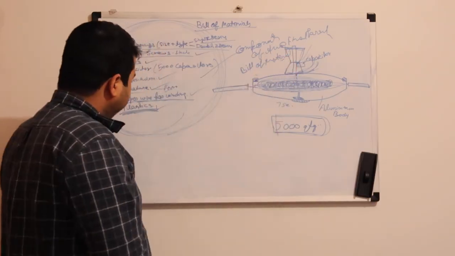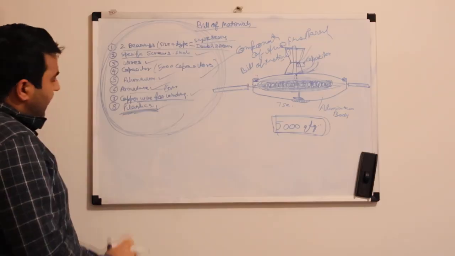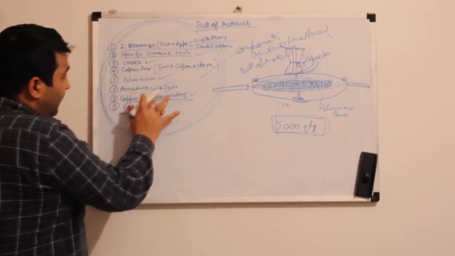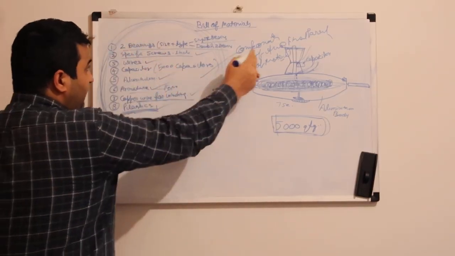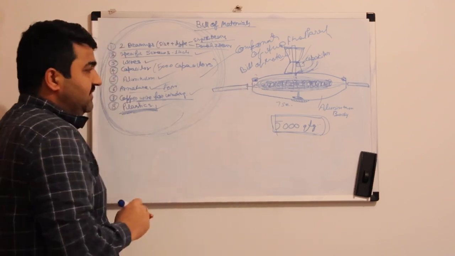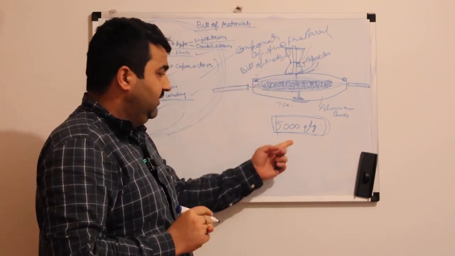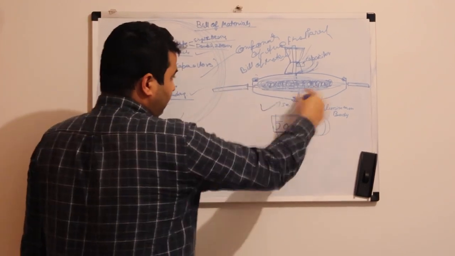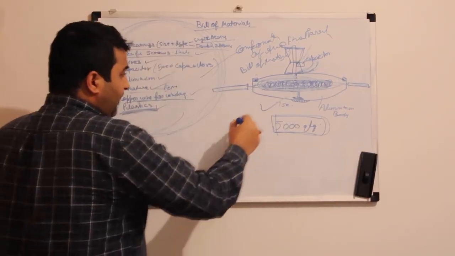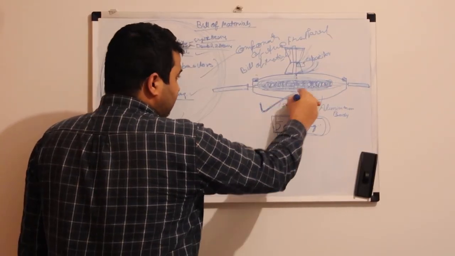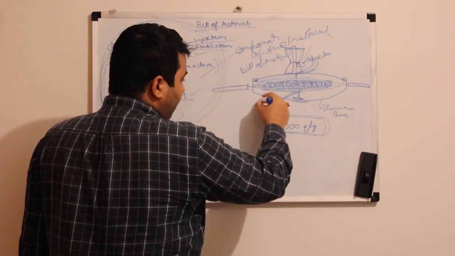Very simple. These are the components, we call components of the bill of material. So what is our final product here? Finished product, fan. Okay, what are the components? What is the raw material we require for this?